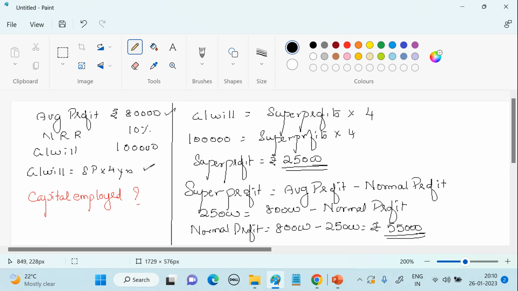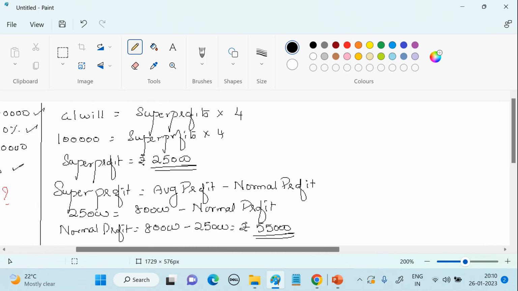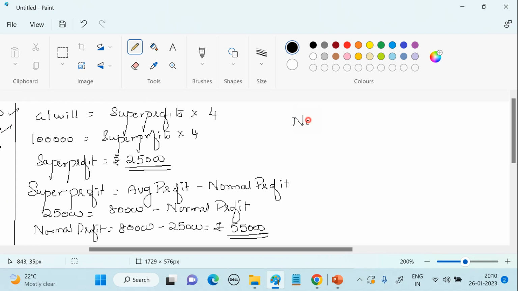Now once having reached there, next we have this normal rate of return which we have to use. How do we calculate normal profit? What was the formula for normal profit? Remember, normal profit is equal to capital employed into normal rate of return by 100. Now we have this amount 55,000.